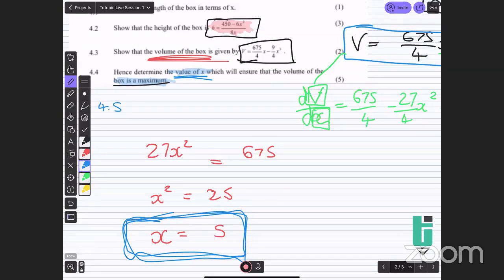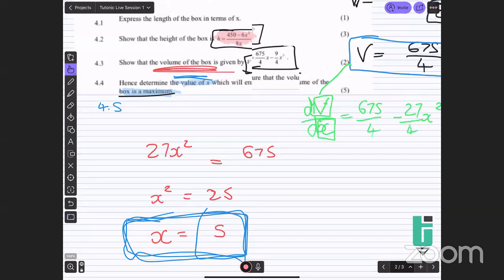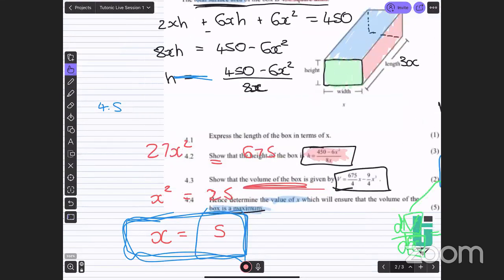Then you sub the x value into the original equation, not the derivative. So for this one, we don't sub it back in, because they're only asking for the value of x.